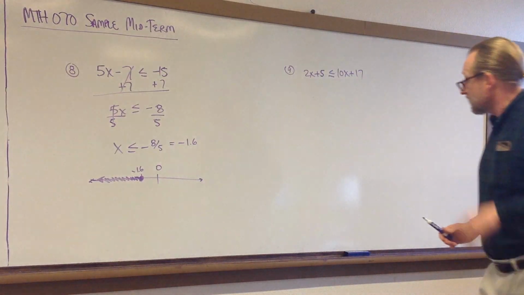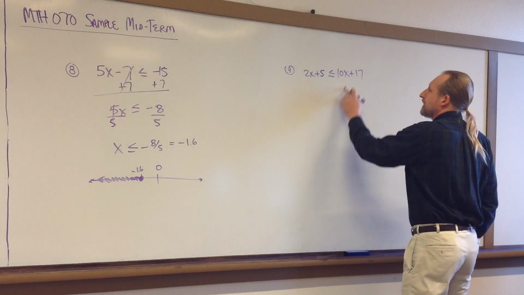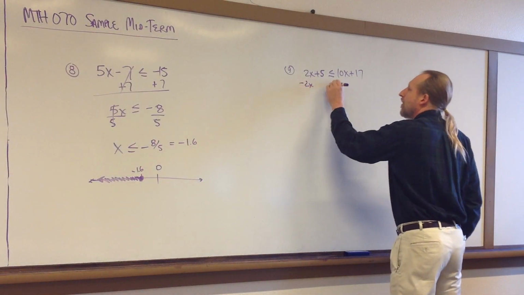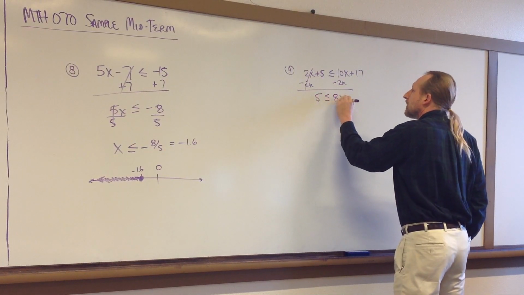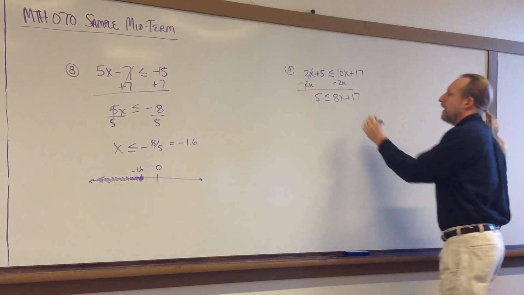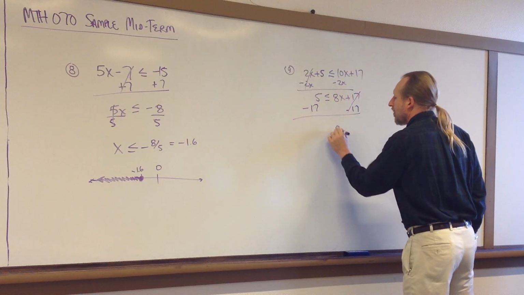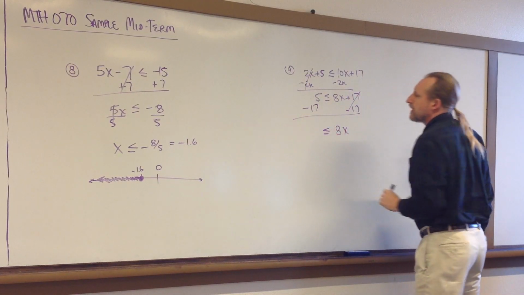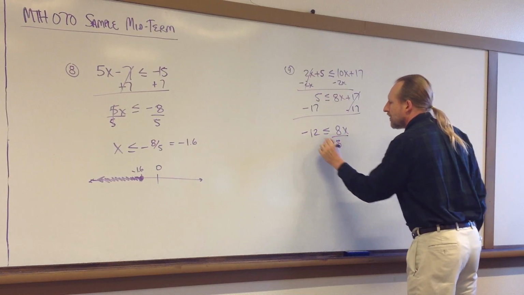Well, I'm going to move the 2x over to this side. Leave the 5 there. Then we'll have 8x plus 17. And then I'll move the 17 over here. 8x greater than or equal to 5 minus 17, which is negative 12.